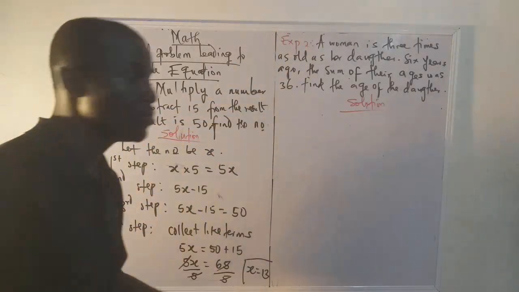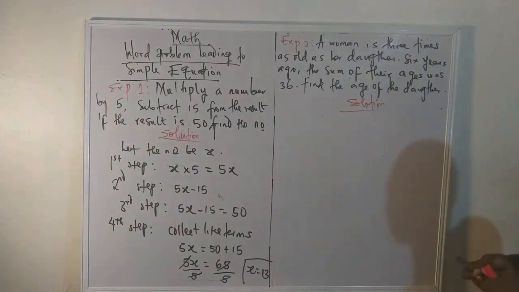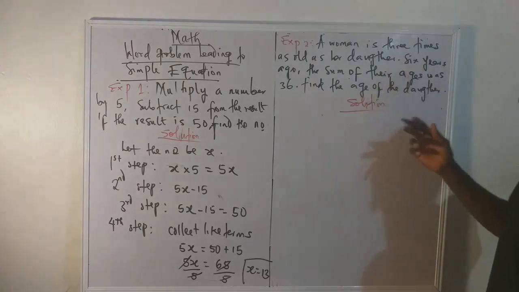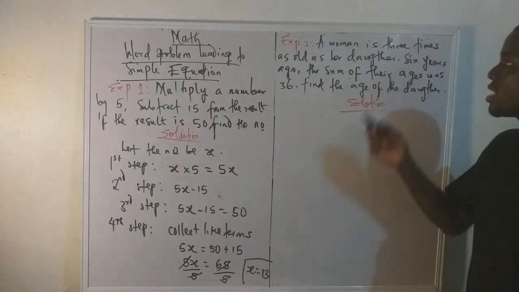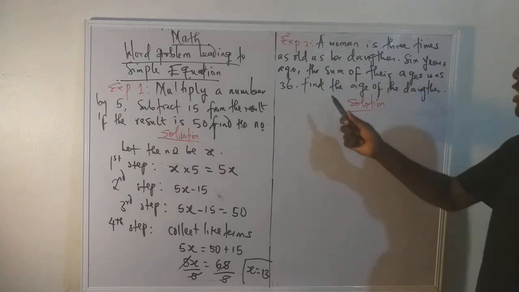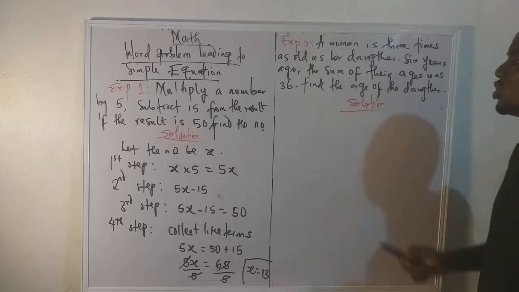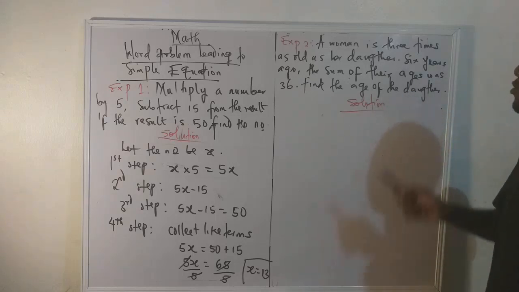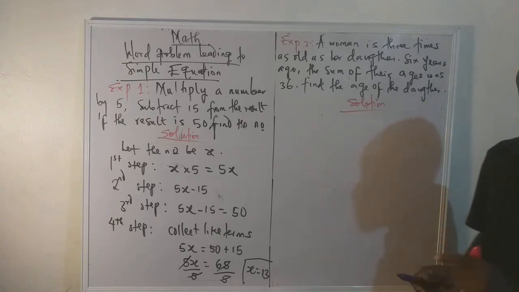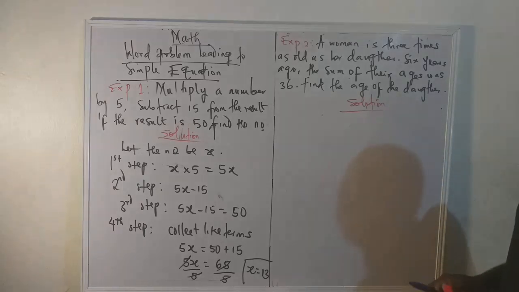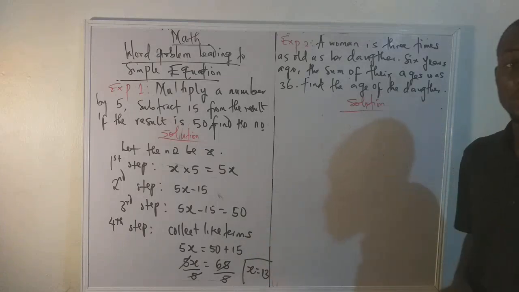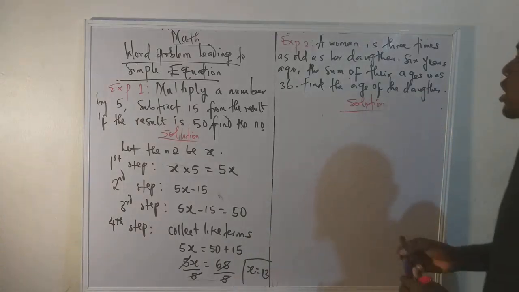Now to the second part of the question, it said a woman is 3 times as old as her daughter. 6 years ago, the sum of their ages was 36. Find the age of the daughter. So we are to find the age of the daughter in this case. Again, you interpret the question bit by bit. So let's begin.